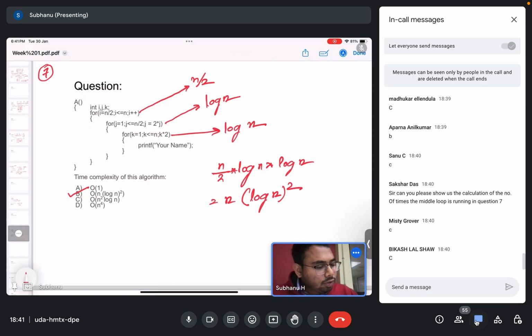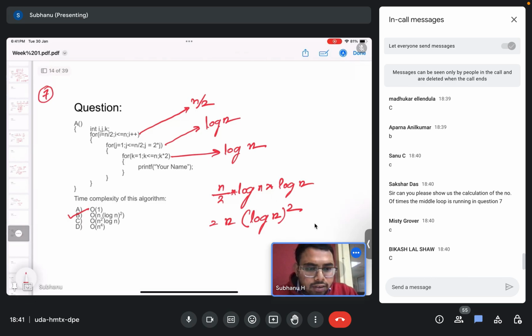Yeah. So the question was the calculation of the number of times the middle loop is running.